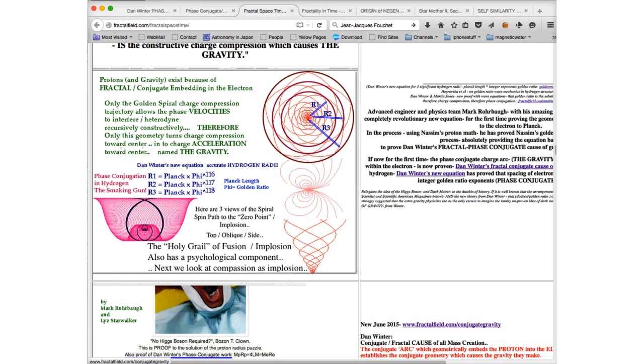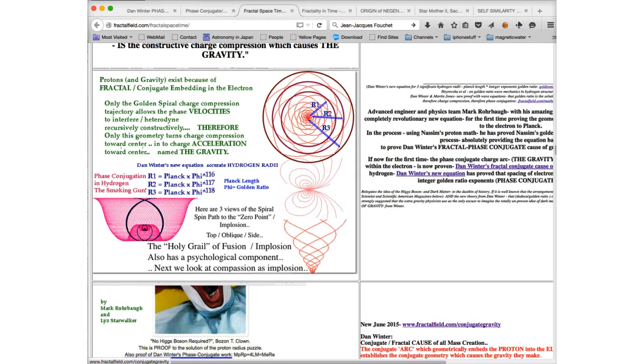Again, that's goldenmean.info/goldenproof. So I intuited from Hayrovska's work, which I credit here, that if he finds golden ratio between the shells of hydrogen and the way hydrogen nests, then there must be something golden mean ratio to the center of hydrogen. I also intuited that the center of hydrogen has to be related to Planck.